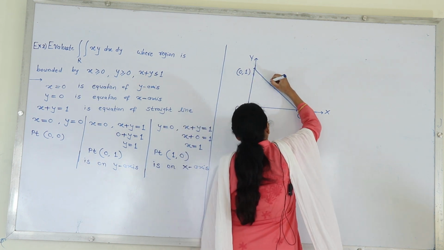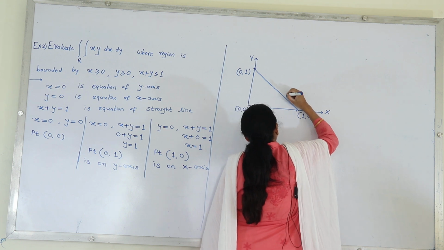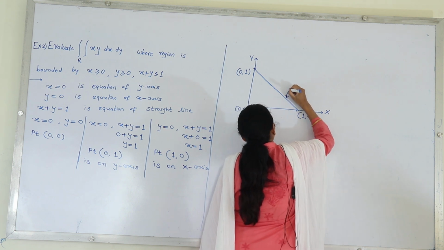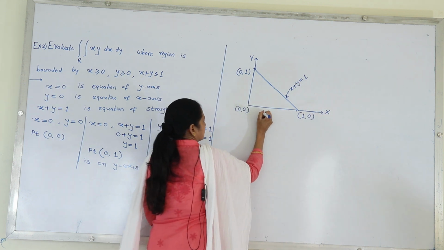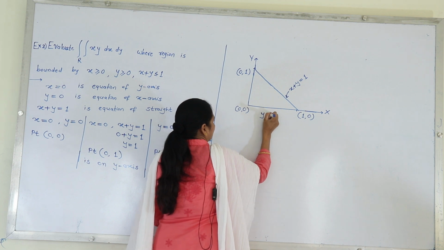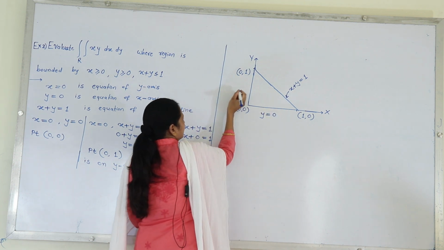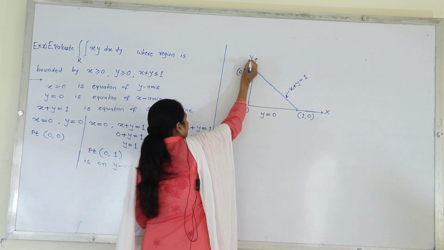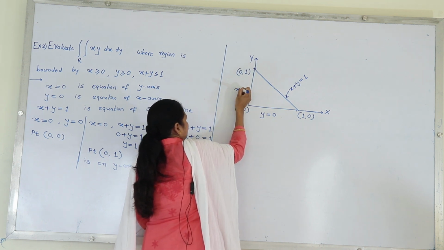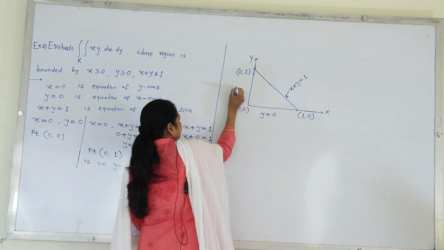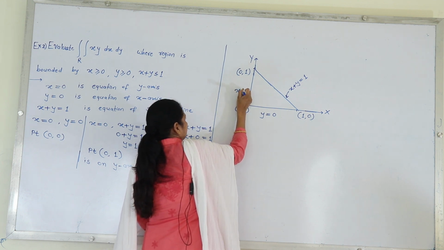Now the equation of this straight line is x plus y equal to 1. Equation of the x-axis, y equal to 0. Equation of the y-axis, x equal to 0. These give all the equations in the figure.